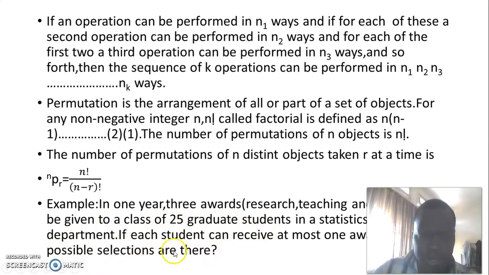So this example is testing how you can apply permutation of selecting r objects at a time.